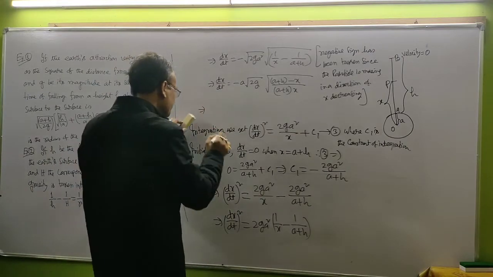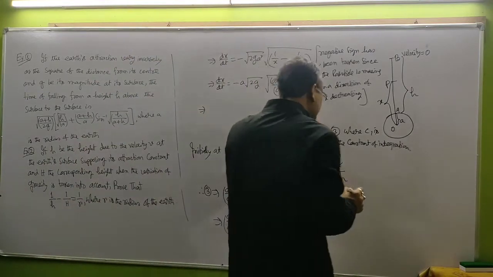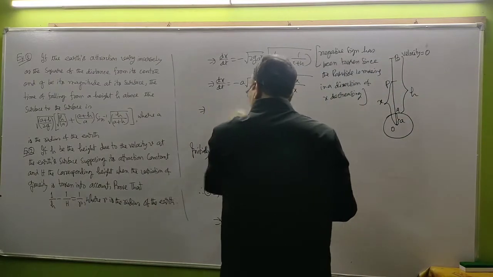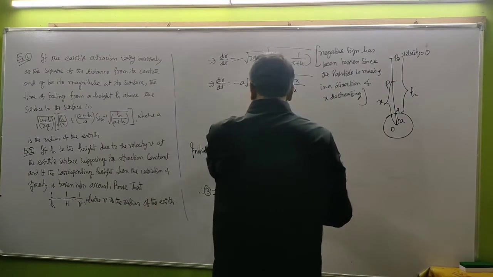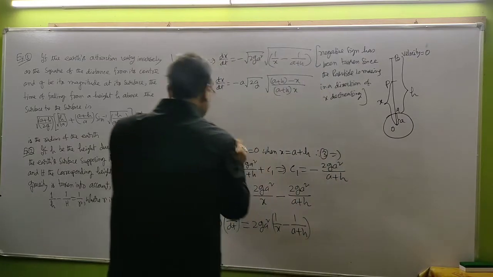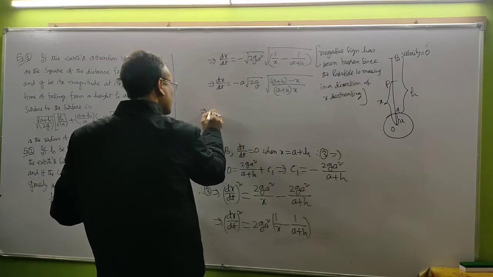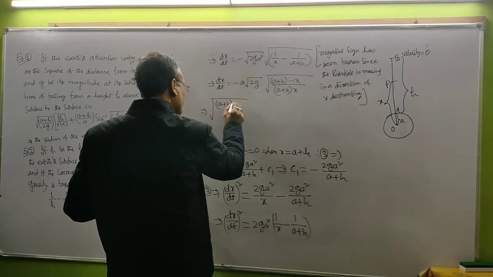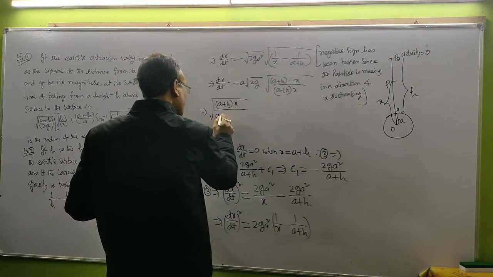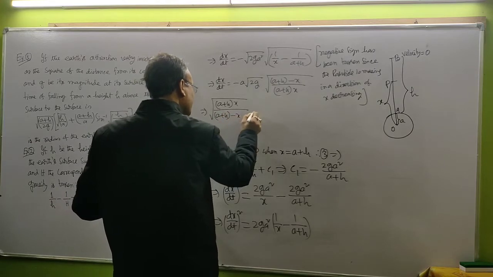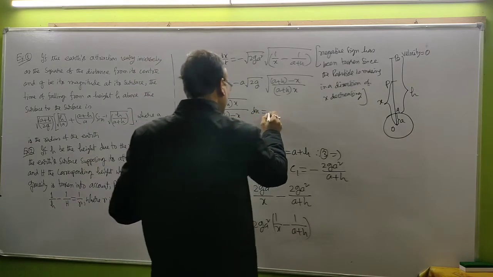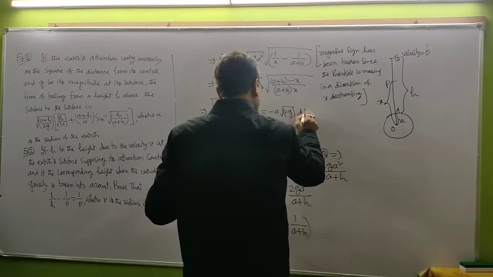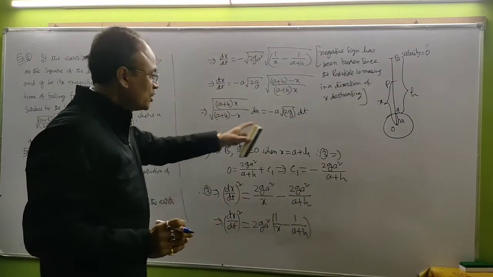This means root over x divided by a plus h minus x dx equal to minus a root over twice g dt.